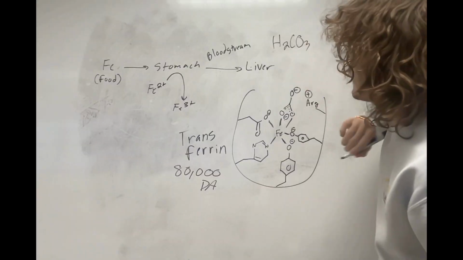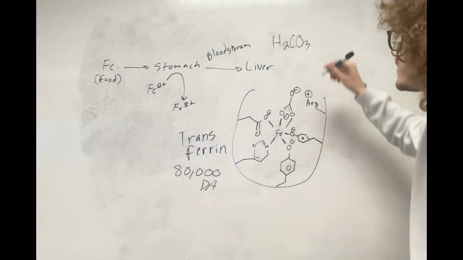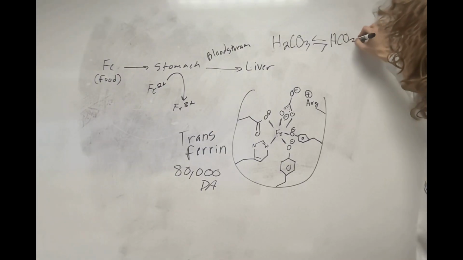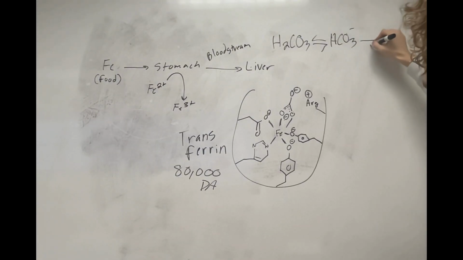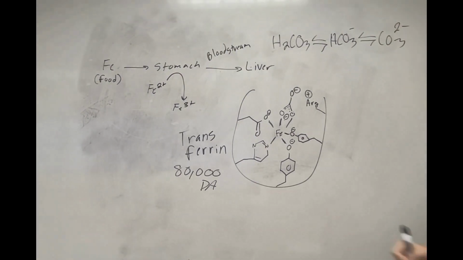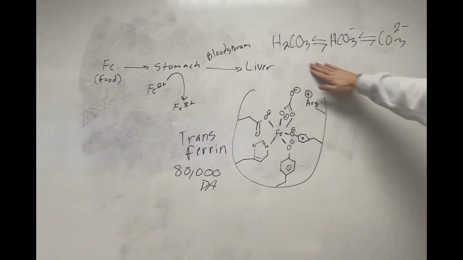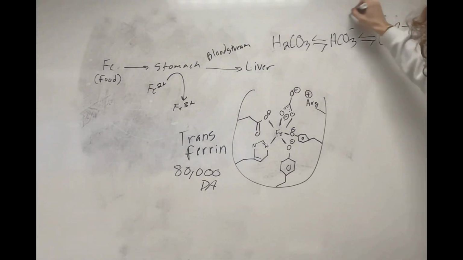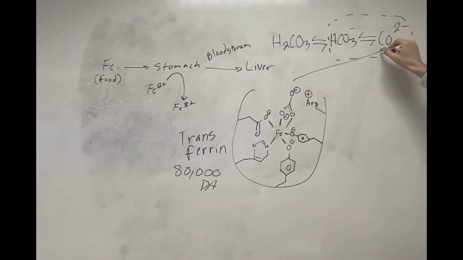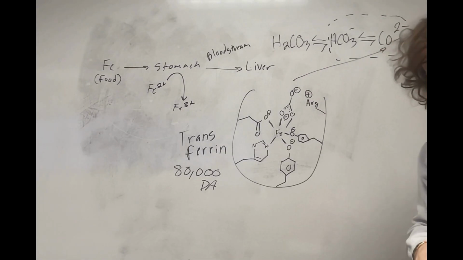You have the carbonic acid, H2CO3, which can be deprotonated into bicarbonate, HCO3-, which can also go to CO3, and that's going to be 2-, okay? So this system usually hangs out in this neighborhood. So we can imagine there's a lot of free CO3 2- available.